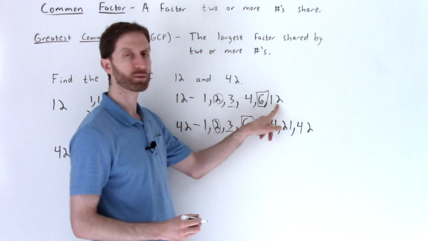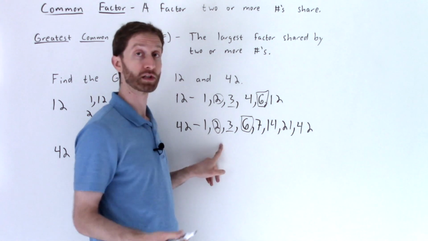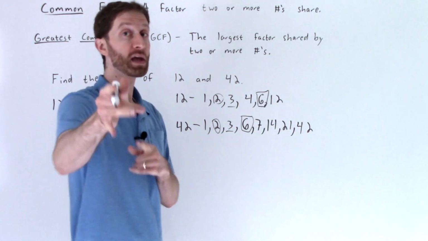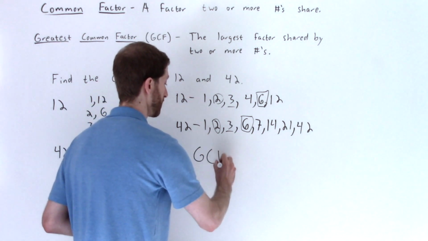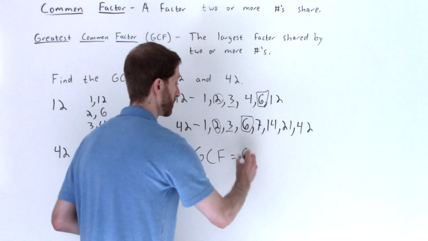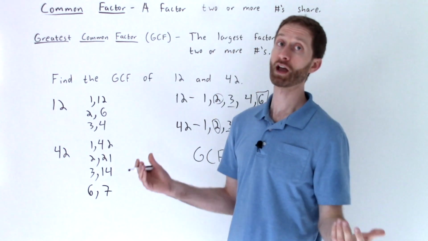And as we carry down, we see that 12 is the biggest factor of 12, and 12 does not go into 42. Therefore, the biggest number that goes into both 12 and 42 is 6. So the GCF, or the greatest common factor, is equal to 6. That's one way of finding the greatest common factor.